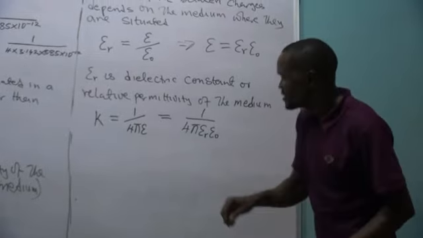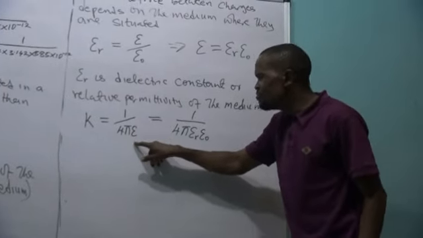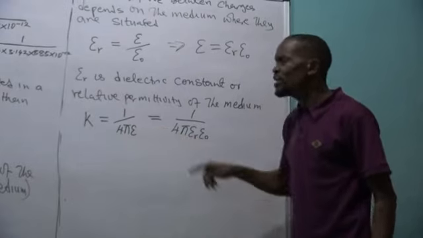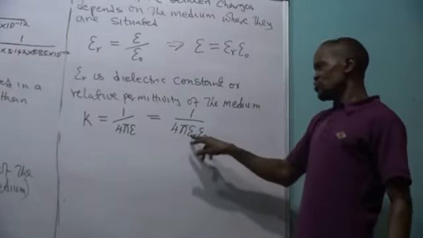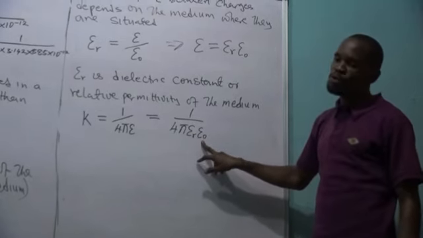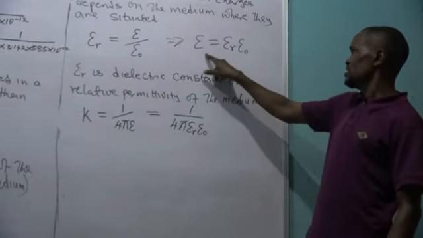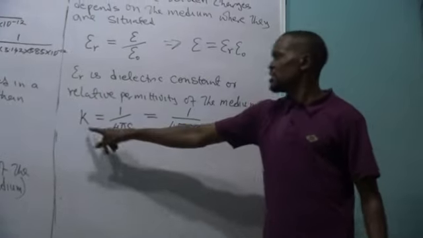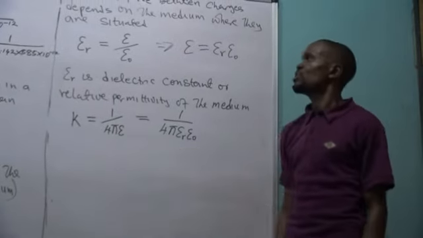If they fail to give me this, and they give me the dielectric constant or relative permittivity, I will get this by multiplying that dielectric constant by epsilon o, whose value I know. You have seen the relationship between them. That's why we say that this term turns to this term if this term is not given.